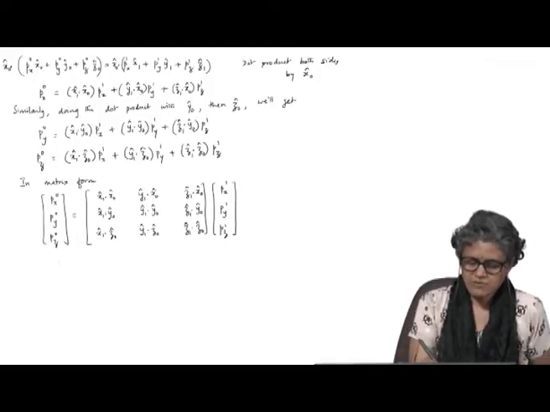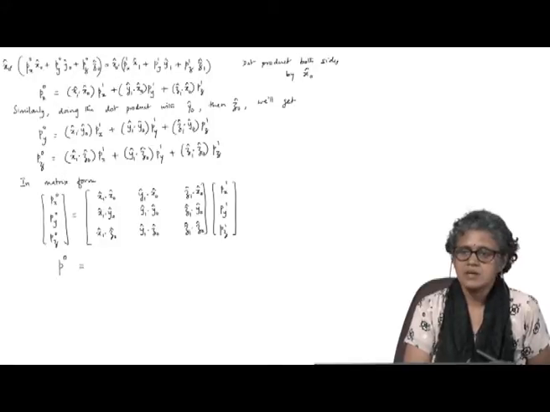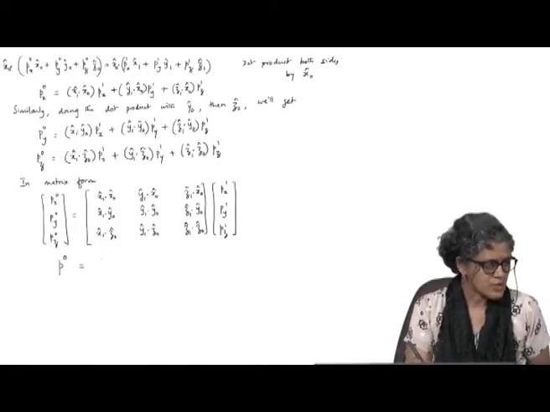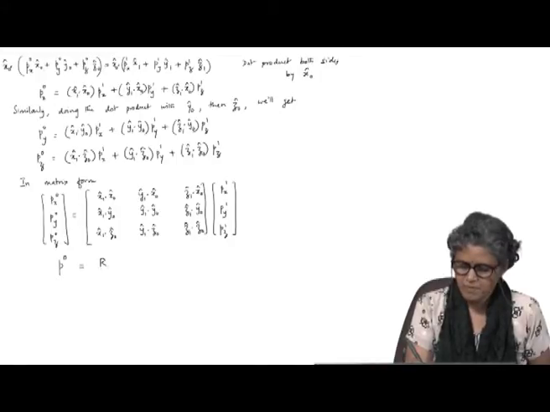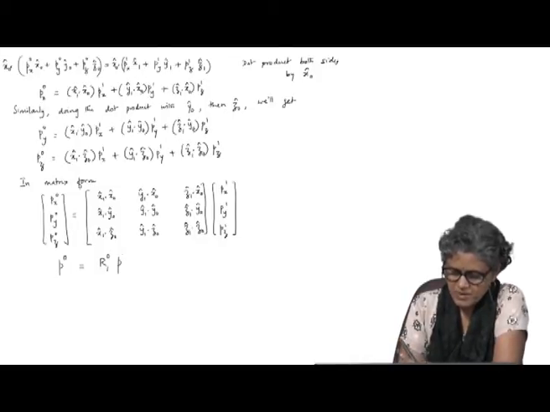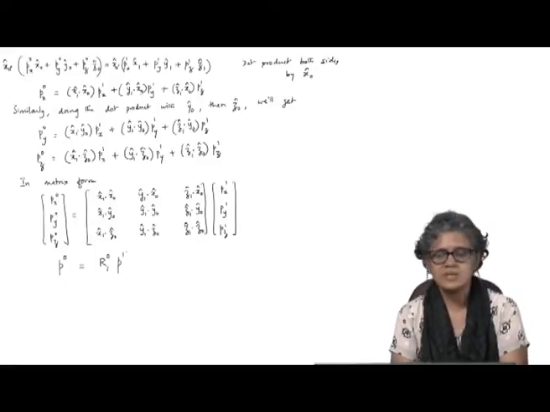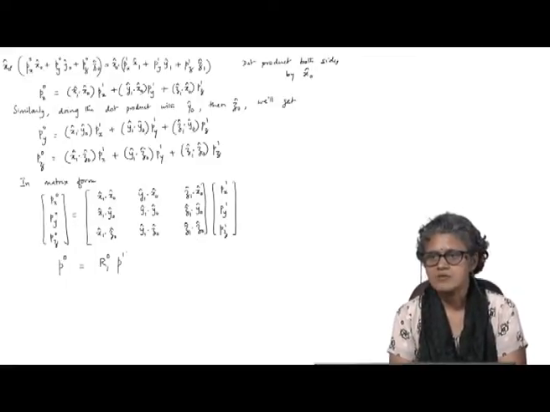In a compact form, I can say that the coordinates of P in the 0 frame equal a matrix R10 times the coordinates of P in the frame 1.